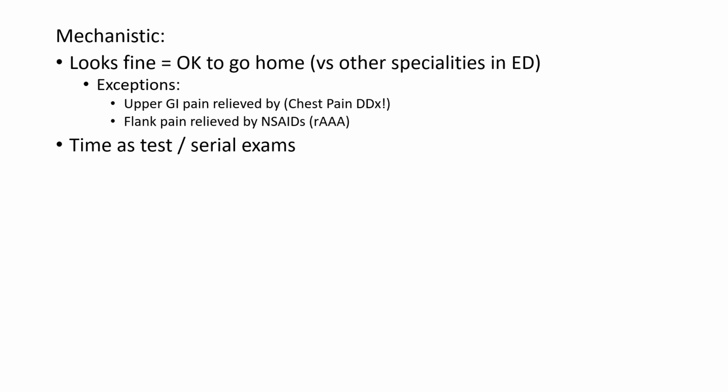Then there's some kind of somatic mechanistic argument there. I think that if there's something in the abdomen that has gone awry or gone bad, then they should look bad, right? And there's tons of exceptions for this, but just be aware that the mechanistic argument often comes through here.